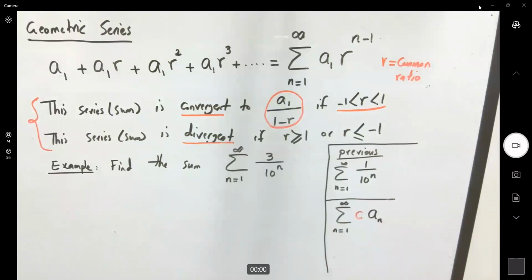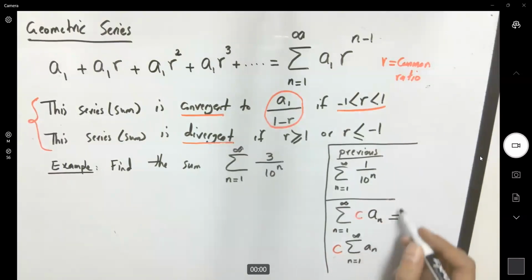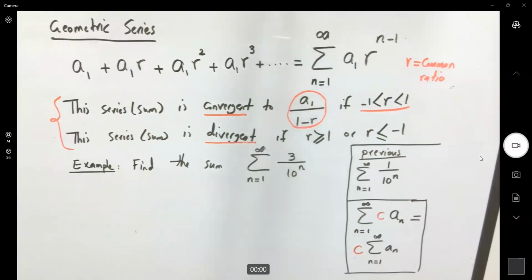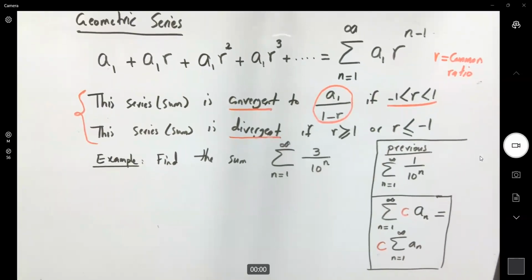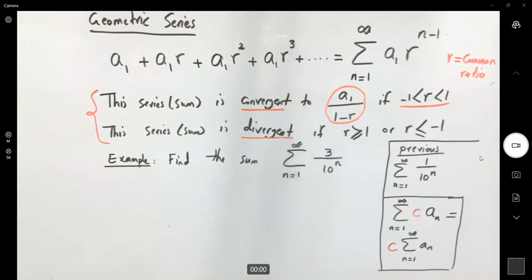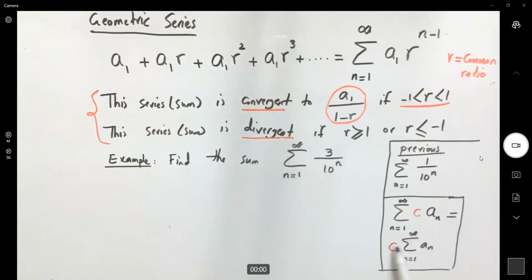So you can say that this is nothing but c times the sum of a sub n, starting from 1 to infinity. You can always do that, as long as your c is just a number or a scalar. You can take c and write it in front of your series. Guys, know that I have multiplication.